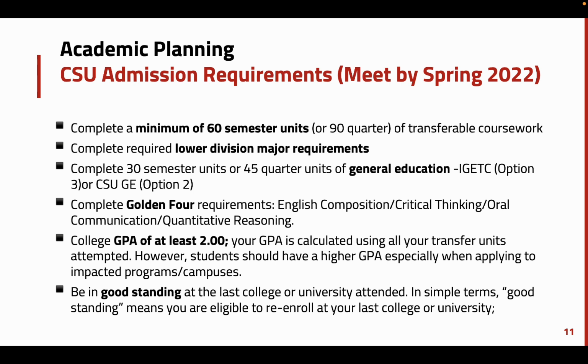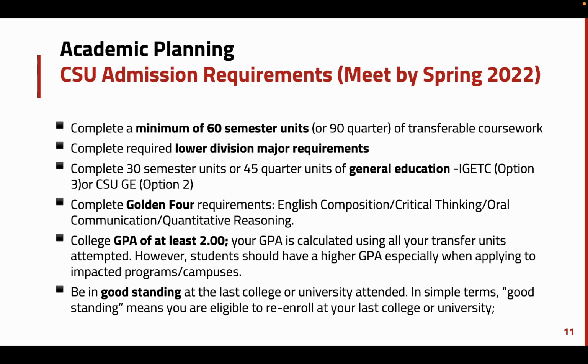Complete your lower division major requirements, and those can vary by the campus that you're applying to. You must have 30 semester units of general education, and those can come from either IGETC, which is option 3, or option 2, the CSU GE pattern. You definitely have to have your Golden 4 requirements, which are 4 specific general education courses in the categories of English composition, critical thinking, oral communication, and quantitative reasoning.